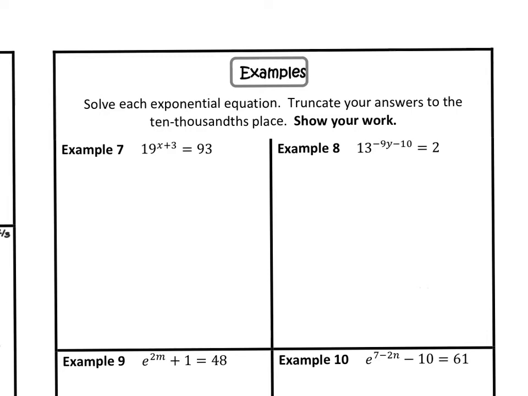Second step, take the natural log or the log, depending on what base you have, of both sides. Remember, if I have a base e, I'm going to do natural log, the ln. But if I have another base, in this case I have a base of 19, I'm going to use log. So what that means is we're going to write log of both sides.